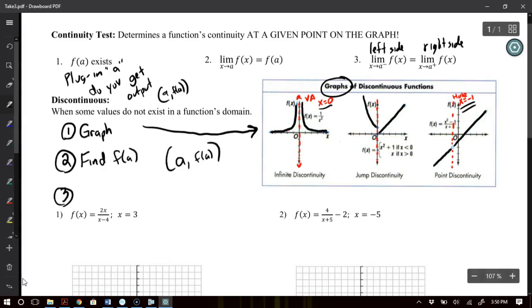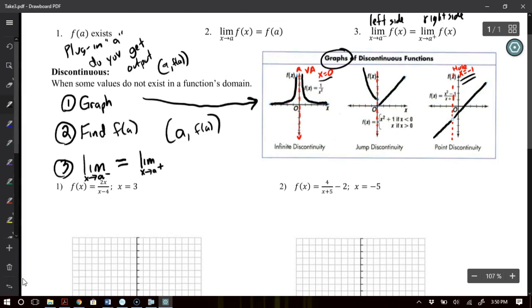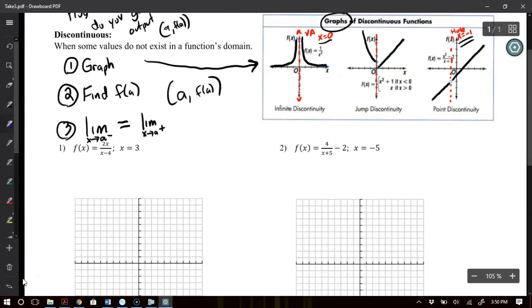And the third thing we're going to do is check the limit as x approaches a from the left side, and check the limit as x approaches a from the right side. We want them to be the same. In other words, as we draw the graph from the left, and as we draw from the right, we want to make sure they point to the same value. That's what this part means. It's hard to understand in words, but while we do it in practice for these examples, it should make sense. So let's look at the first example.